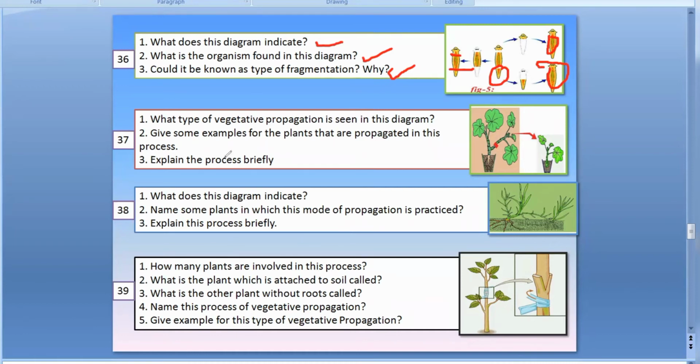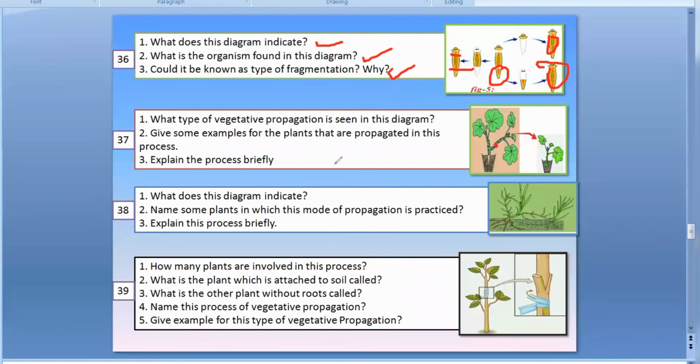Next, what type of vegetative propagation is seen in this diagram? The type of vegetative propagation seen in this diagram is cutting.